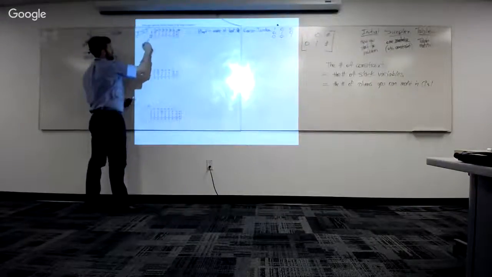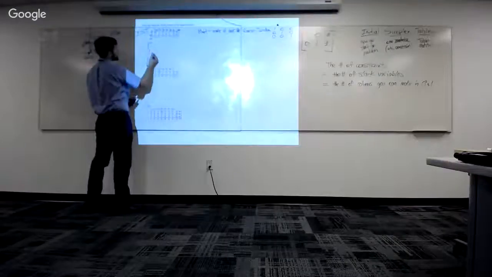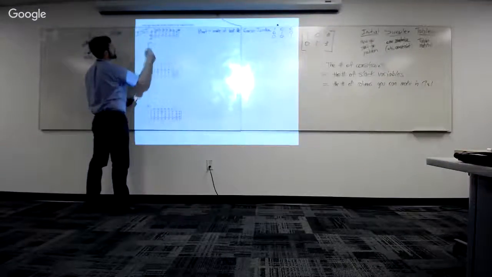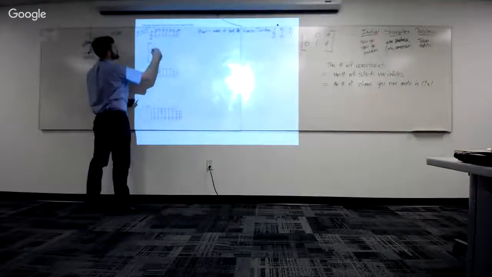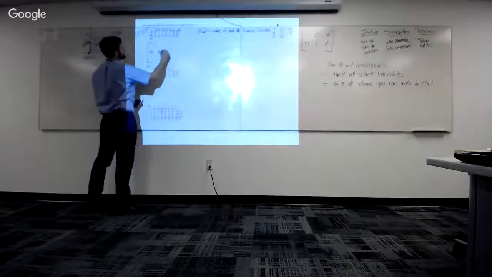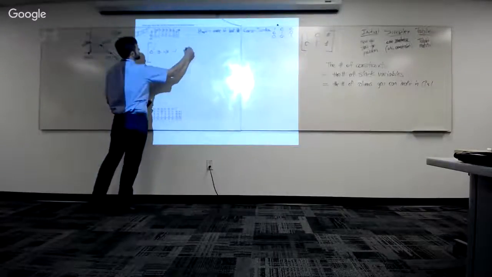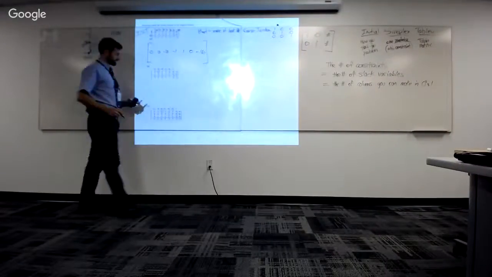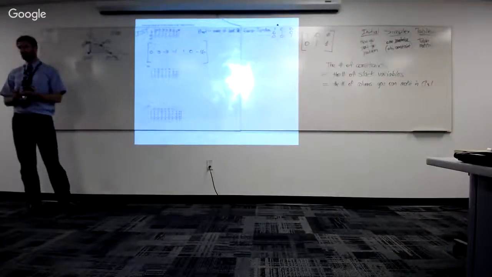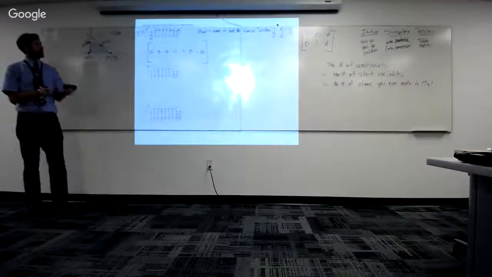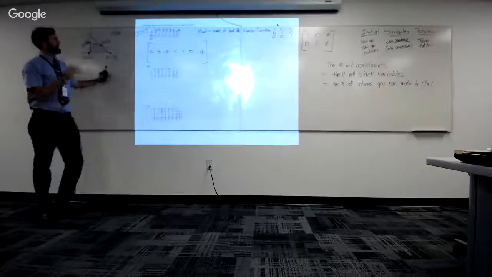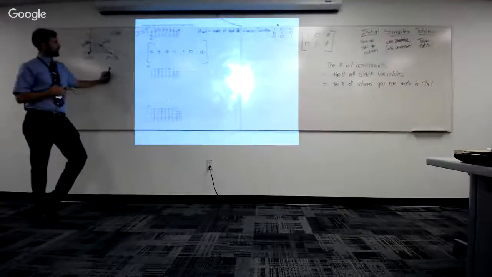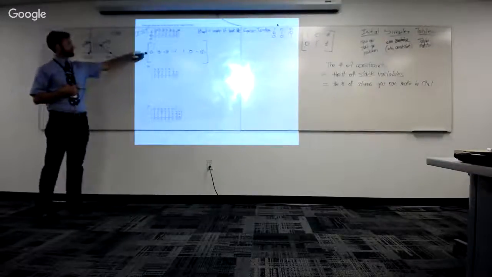My second row now is going to become 0, 3, -3, -1, 1, 0, and -16. Check my work, see if you agree. What I did was I multiplied row 1 times -1 and added it into row 2 in order to cancel the 2 and make it a 0.